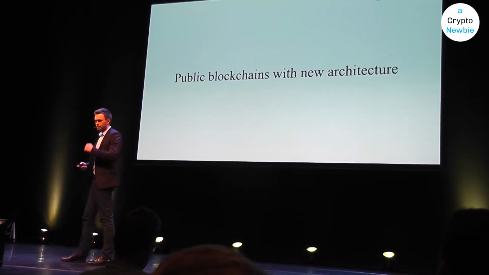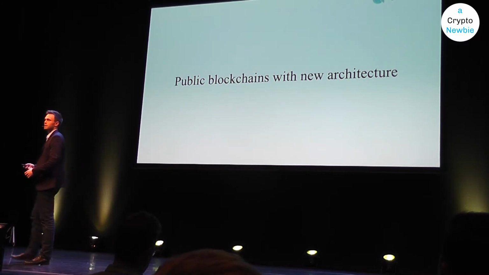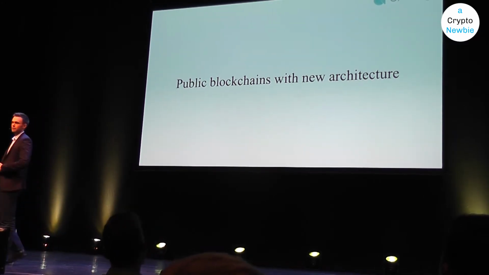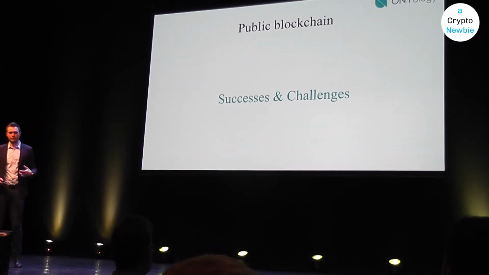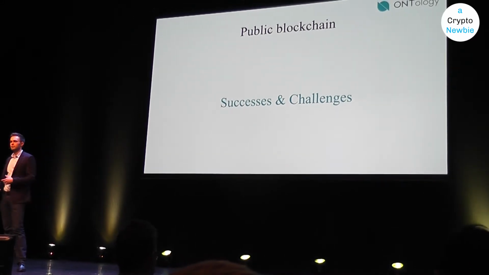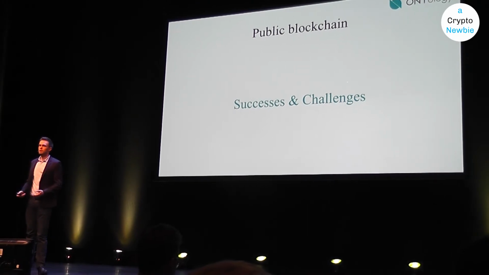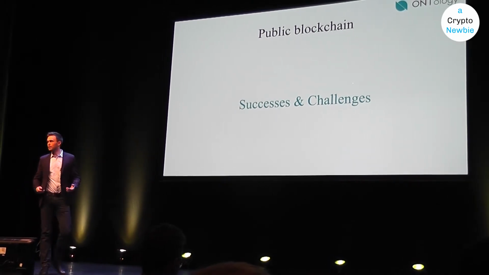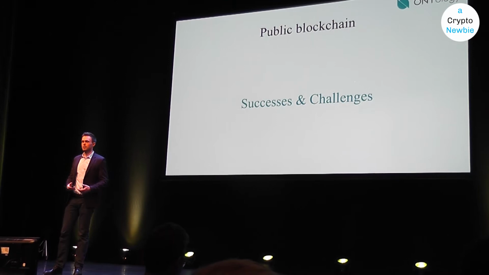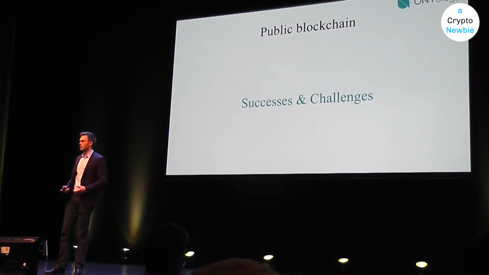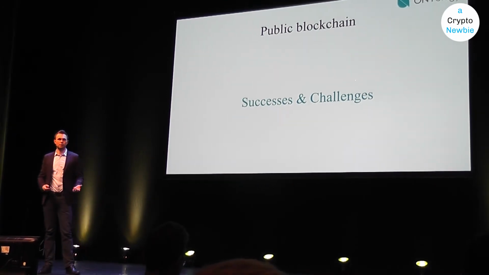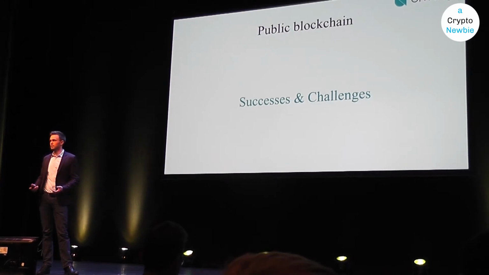Okay, so public blockchains with a new architecture. Let's take a step back and look at some of the challenges and successes that we have seen with the current blockchains. So obviously they gained a lot of attention. They had huge adoption. People, they started to raise money with ICOs and they started to build decentralized applications.